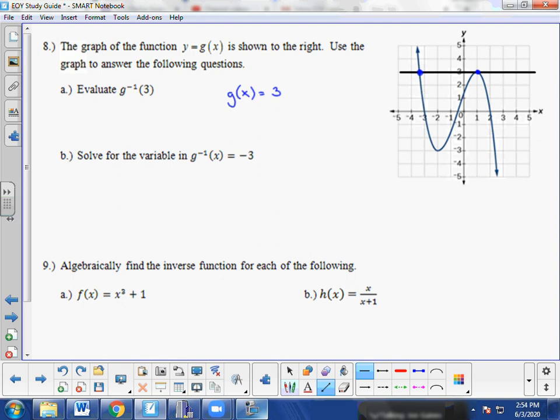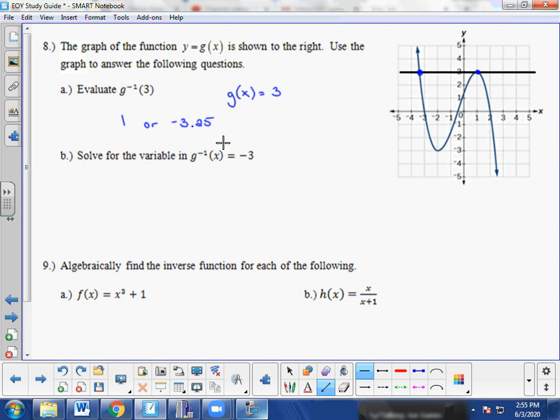And so we could say that this answer would be either 1 or maybe -3.25, somewhere in between -3 and -4. So if we're looking for an input value for the inverse, that corresponds to an output value of the original function.